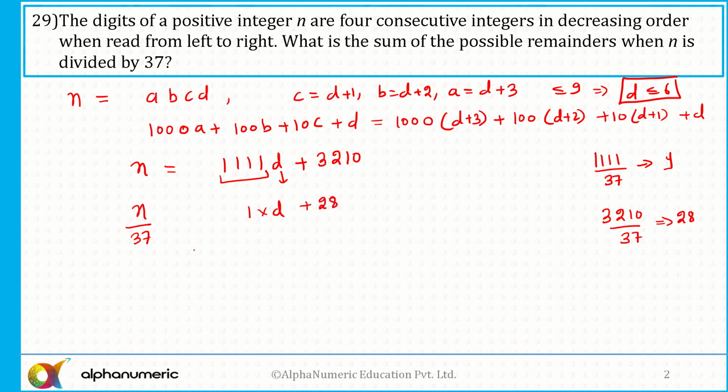So basically whenever n is divided by 37, the remainder will be 28 plus D.